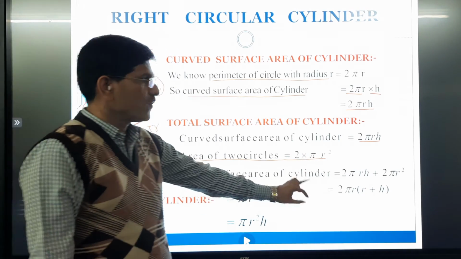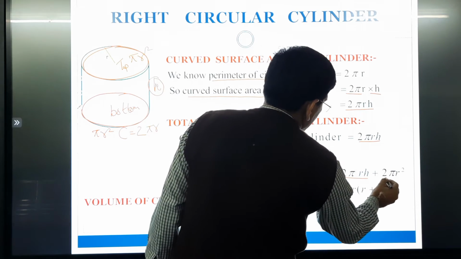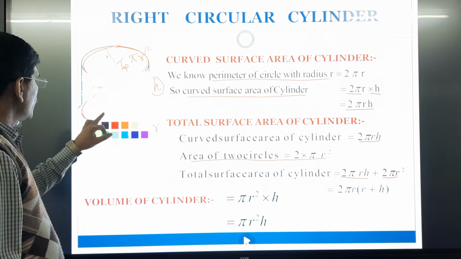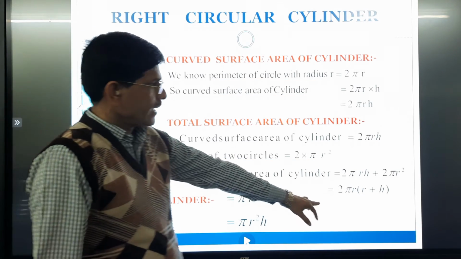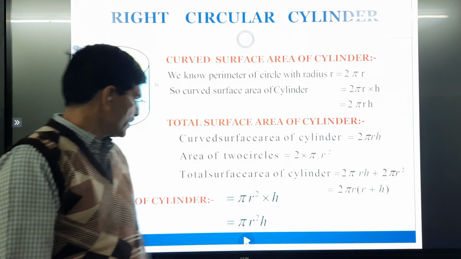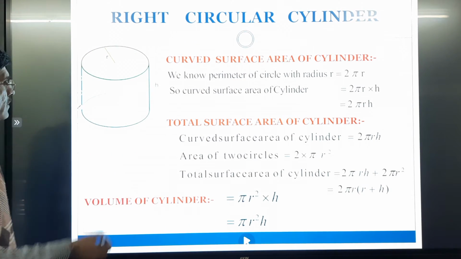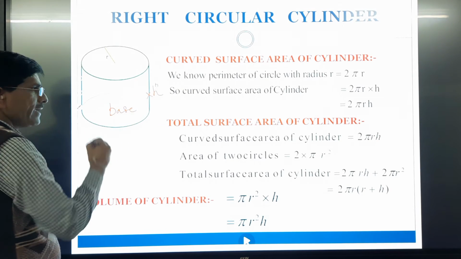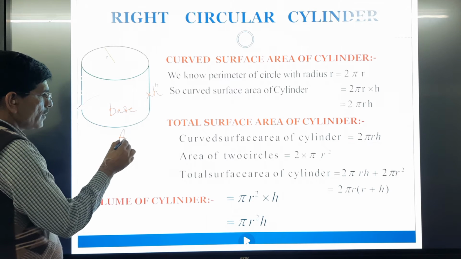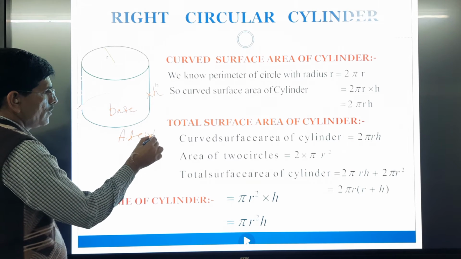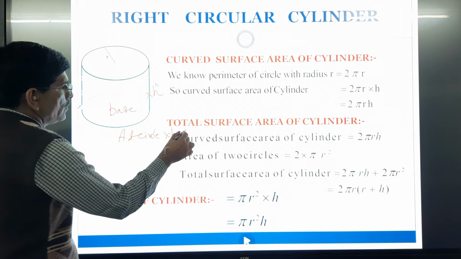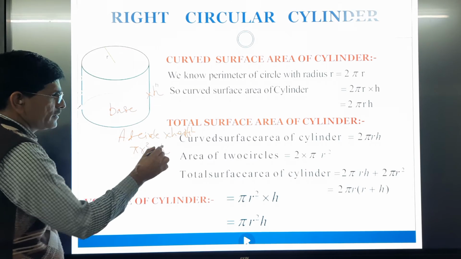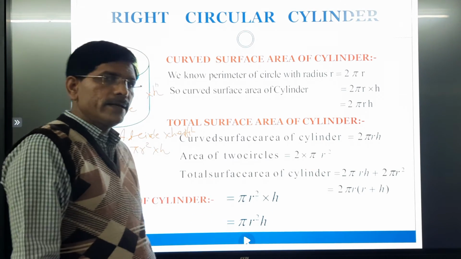So the total surface area of a cylinder is 2 pi r h plus 2 pi r square. If we take common, 2 pi r in bracket (r plus h). Now the volume of a cylinder is base into height. What is the base here? A circle. So area of circle into height: the area of the circle is pi r square and the height is h, so pi r square h.